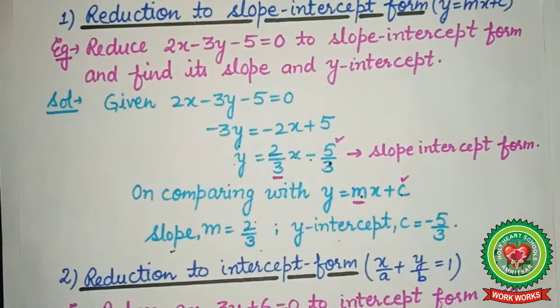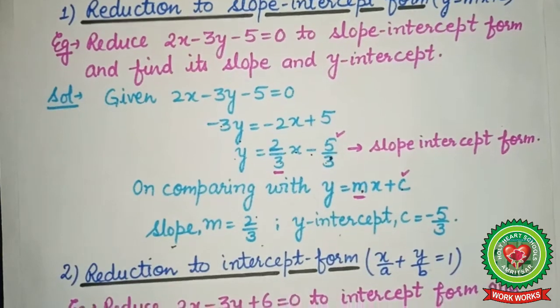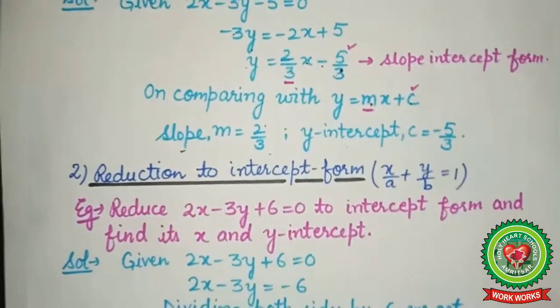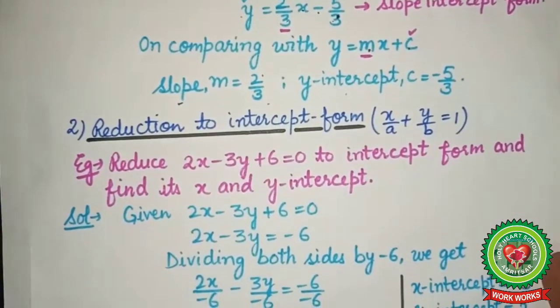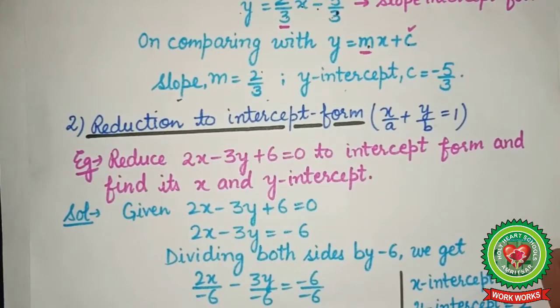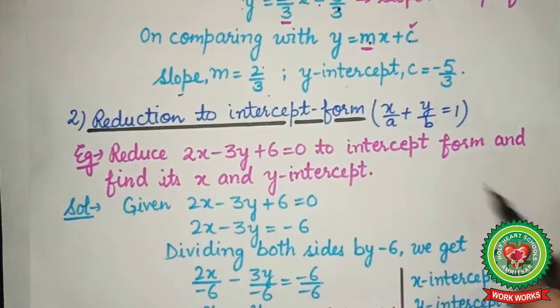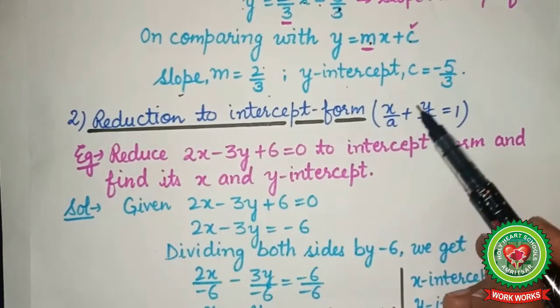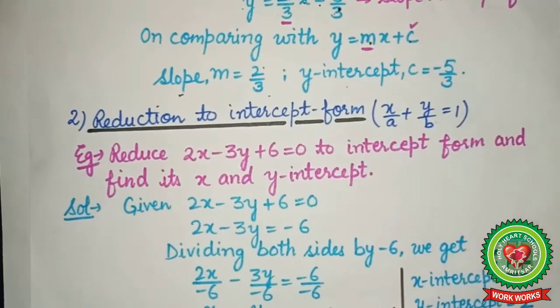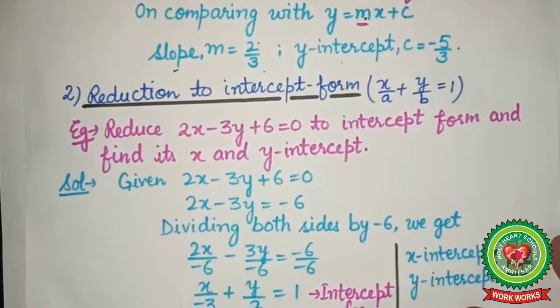In this way we can convert general form into the slope intercept form. Now next is reduction to the intercept form. Just as we have done in the previous class, intercept form is x upon a plus y upon b is equal to 1. So let's start with the example.